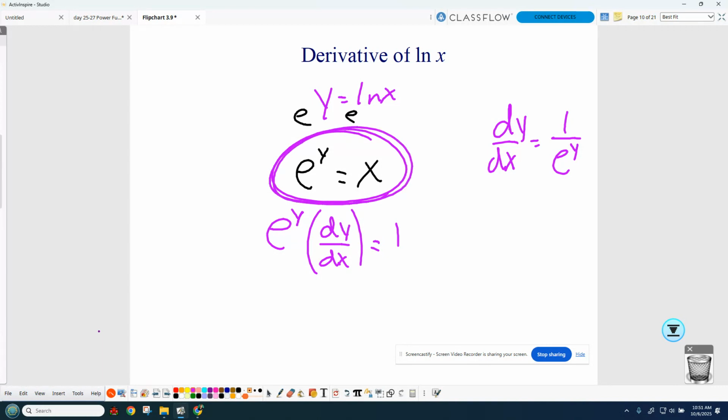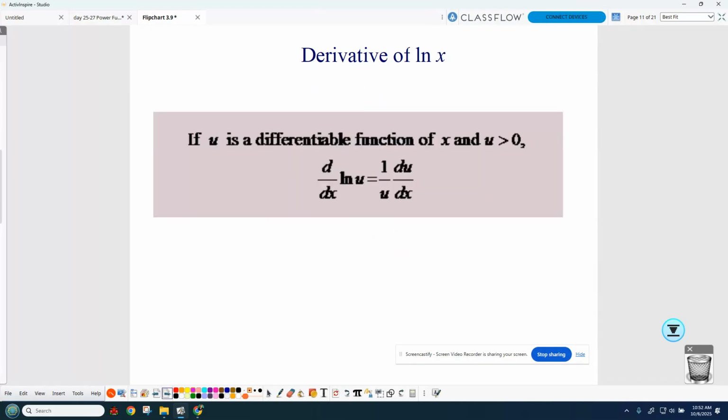X. Some of you said from the beginning, y is ln x, so e to the ln x, you would get there too. But I have it on the board, e to the y is x, let's just swap that out. So natural log of x is the easiest derivative ever. Well, I guess e to the x is the easiest.